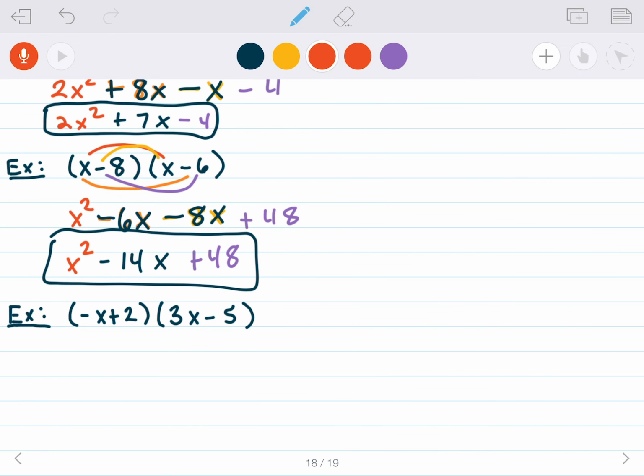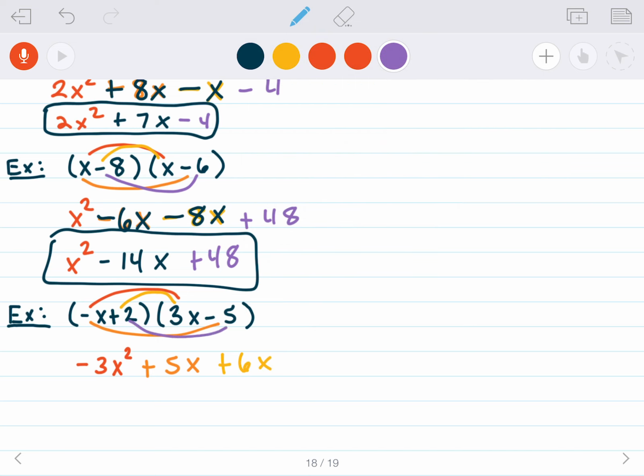Okay, again, we are using FOIL because there's no sign right there. Okay, first, negative x times 3x is negative 3x squared. Outer, negative x times negative 5 is a positive 5x. Inner, positive 2 times positive 3x is a positive 6x.